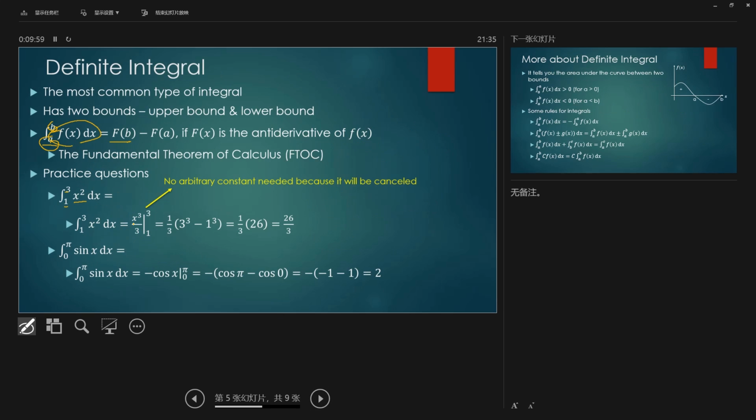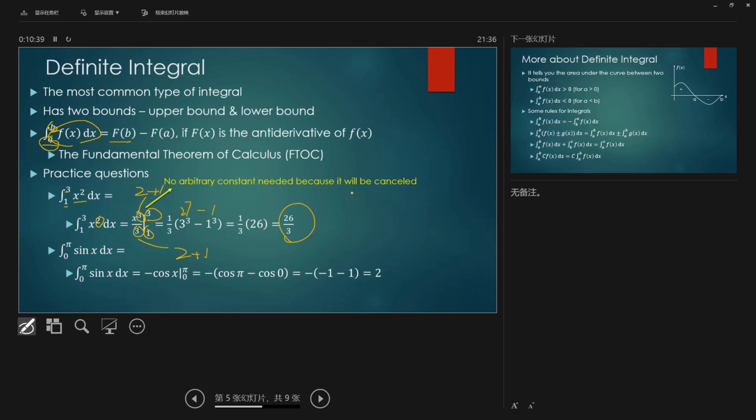Okay, so here the 3 is just 2 plus 1, because we have an n of 2 here, and also it is from 1 to 3, alright? So we just get 1/3 of the 3 cubed minus 1 cubed, which equals 27 minus 1 equals 26. So 26/3 is the answer here. You see, we don't have a C here because it doesn't tell us what f(0) equals.